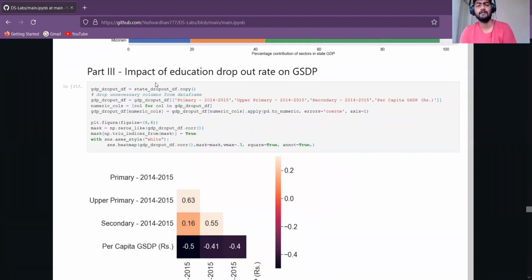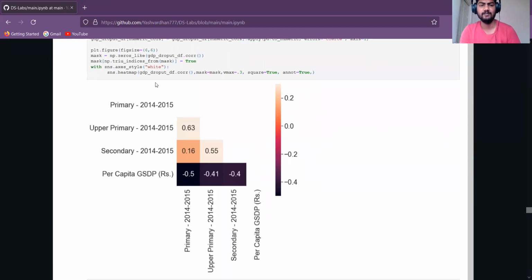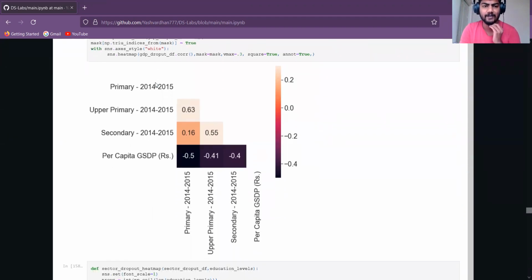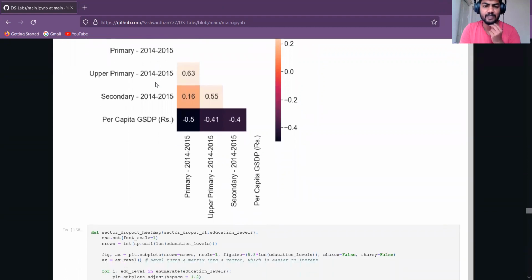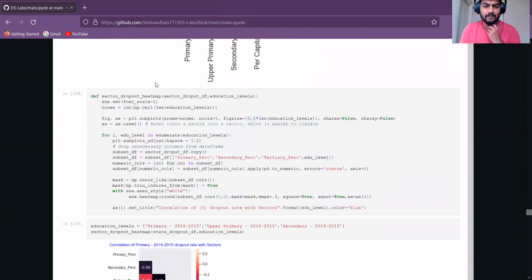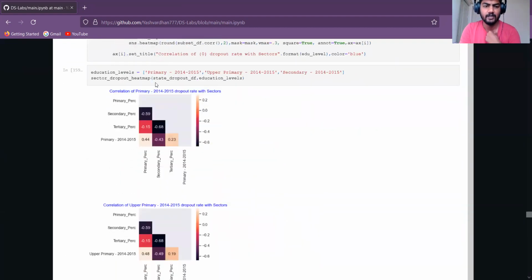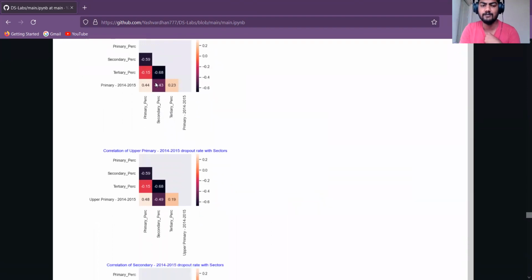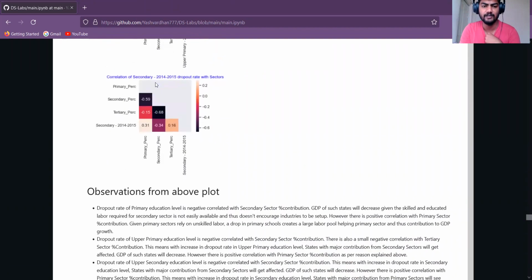Now, the third and important factor that we consider is the impact of education dropout rate on the GSDP. For this, we calculate the heat map for the primary, upper primary, secondary, and the per capita GSDP using the following code. We consider the year 2014 to 2015.